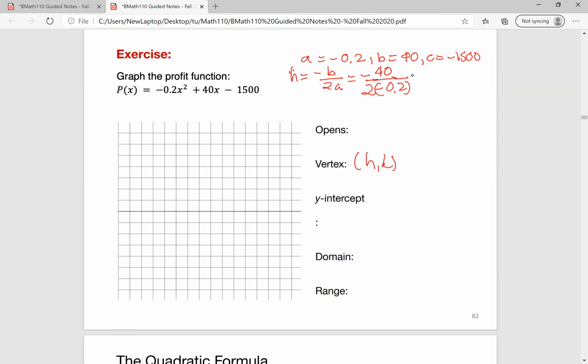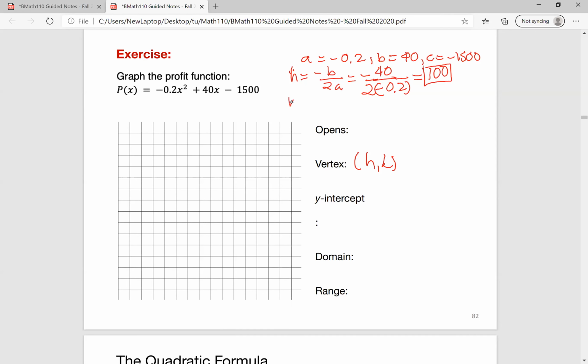So then, use a calculator, you will have 40 over 0.4, so you're going to have equal to 100.